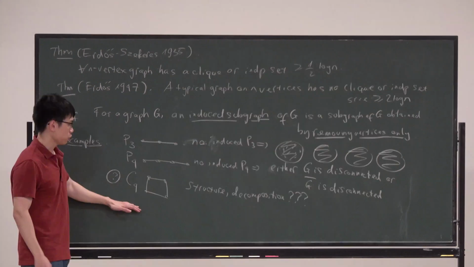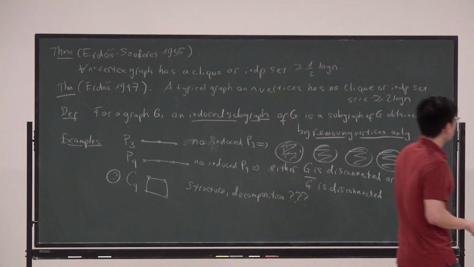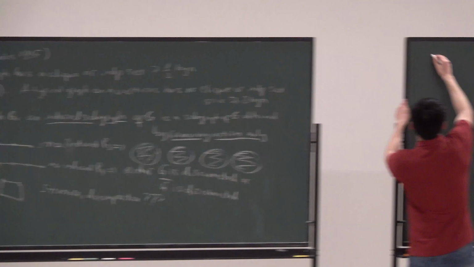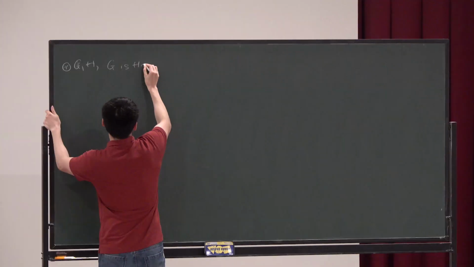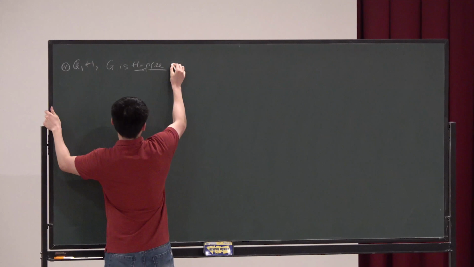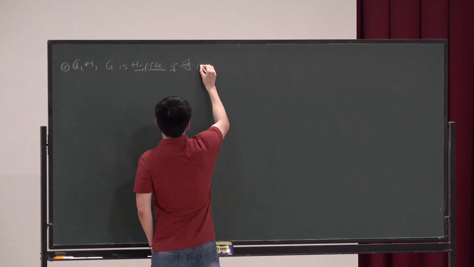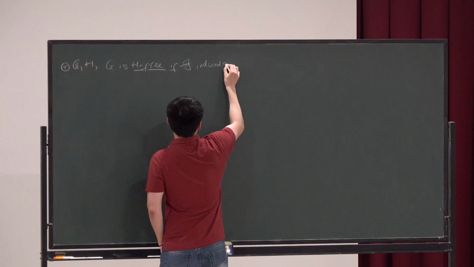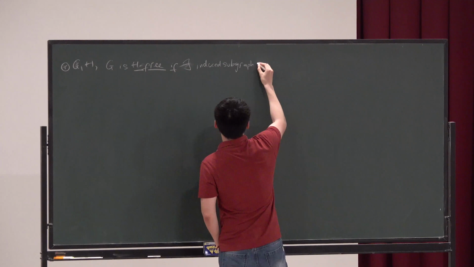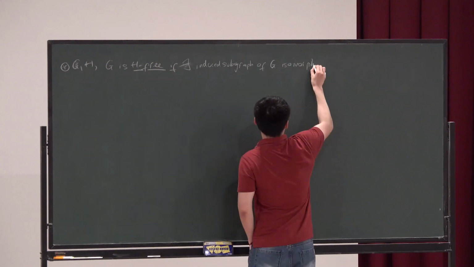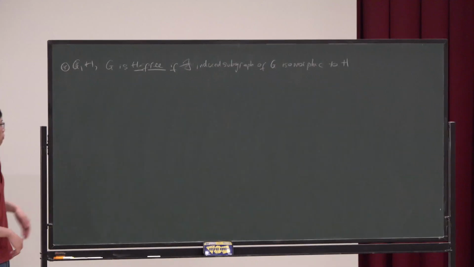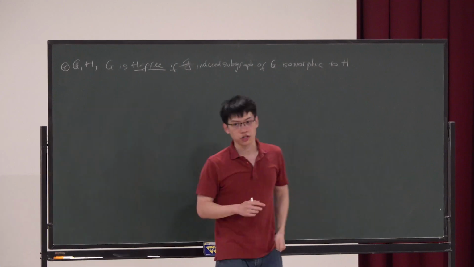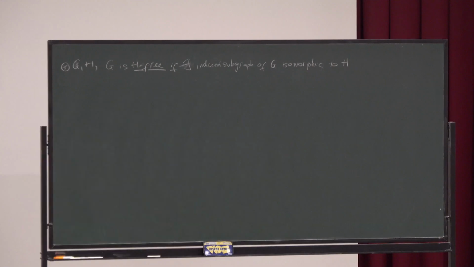Okay, so let me say in general, for graphs H and G, let me say G is H-free if there is no induced subgraph of G isomorphic to H. If you do everything up to isomorphism, then this is literally saying that H is not an induced subgraph of G. For example here, no induced P3 means P3-free, and no induced P4 means P4-free.